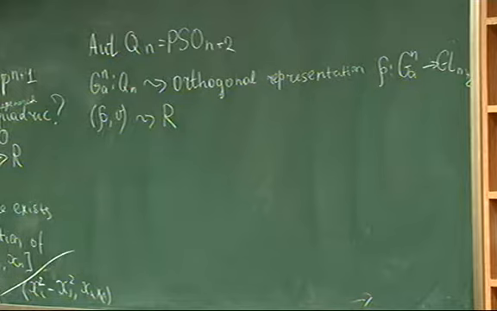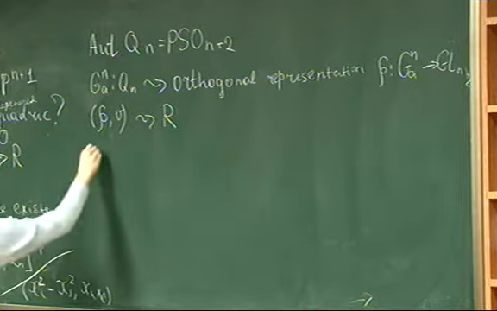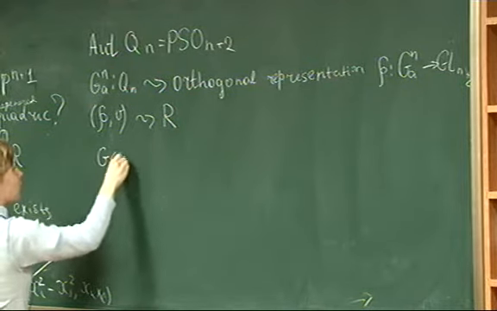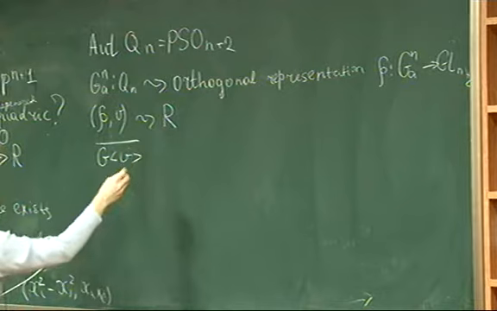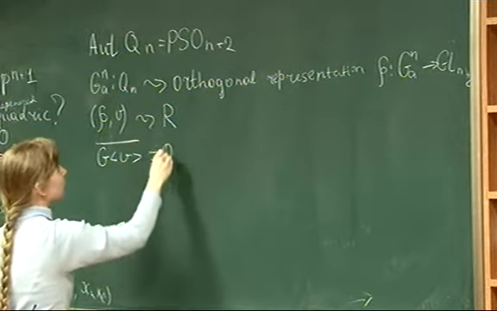Then we will use the orthogonality of the representation, and it lets us replace the condition that the orbit closure is a quadric.